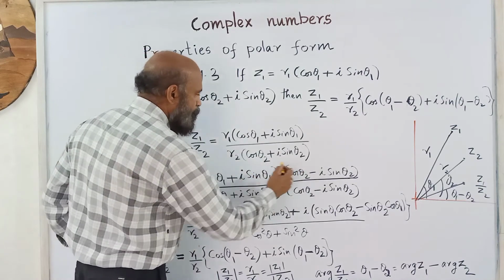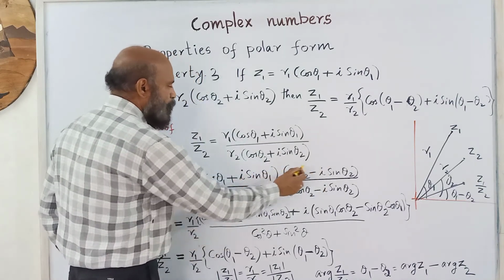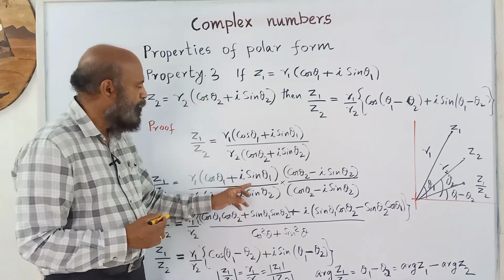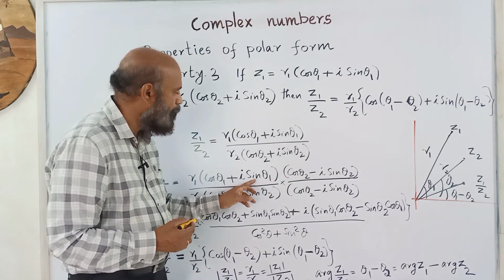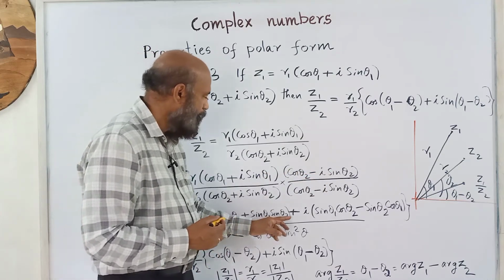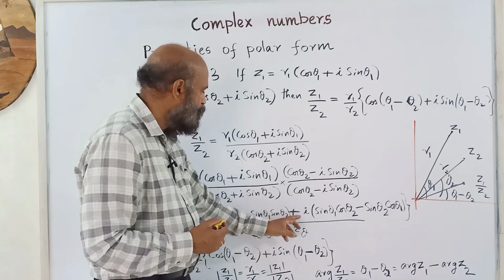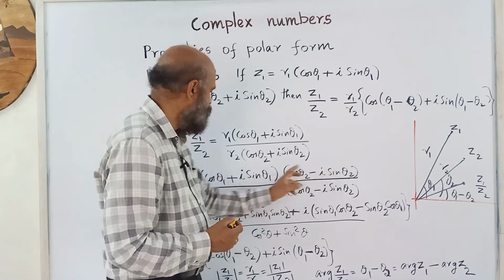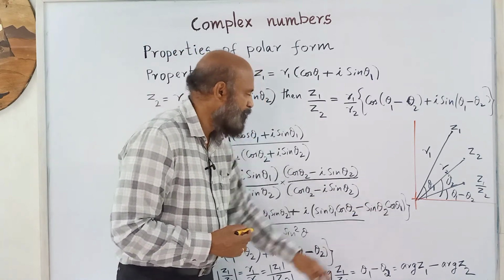Next when you multiply these two, i square is minus 1, then plus into minus minus, so it will be plus sin theta 1 sin theta 2, plus, this i you take outside, then sin theta 1 cos theta 2, then this sin theta 2 cos theta 1.